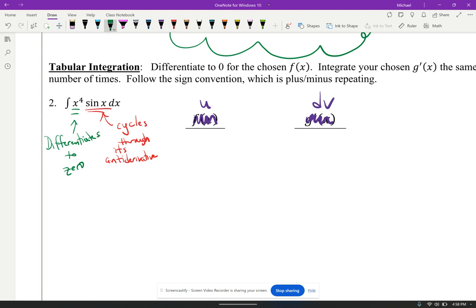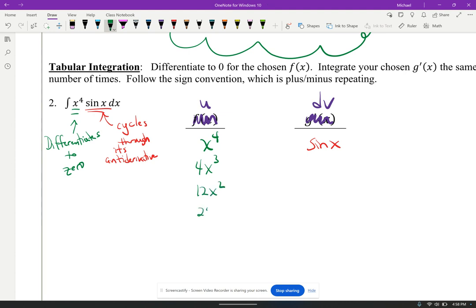We're going to take my x to the fourth, and we're going to take sine x dx. Remember that in the first column, I'm going to take the derivative until I get 0. So the derivative of x to the fourth is 4x to the third. Let me keep the colors that I used over here. The derivative of that would be 12x squared.